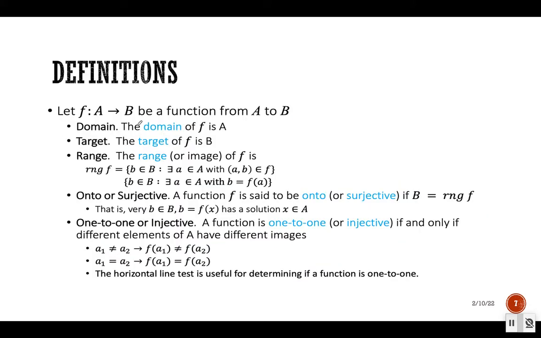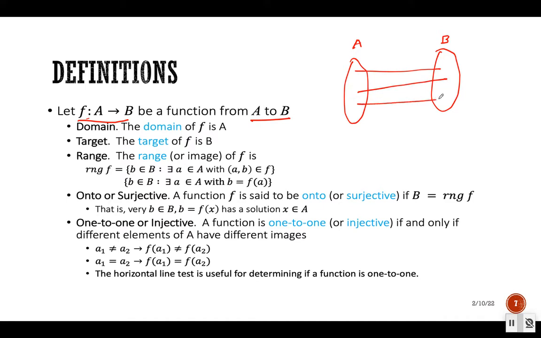So some definitions. When we have a function f from A to B, that means a function from A to B, which A is a set and B is the output set. So that's our A, that's our B, and mapping are from like that.